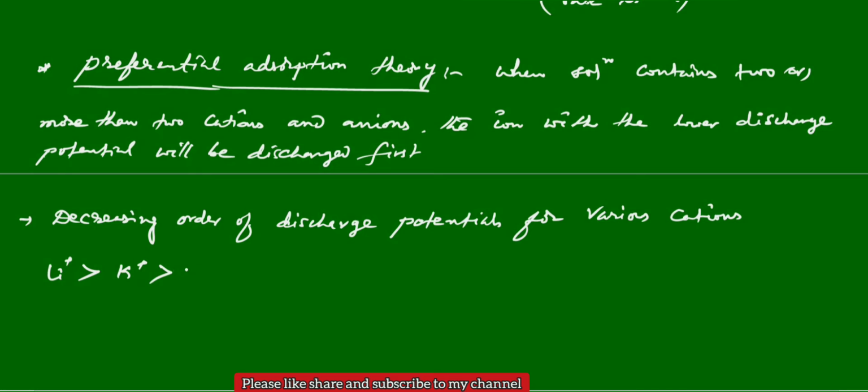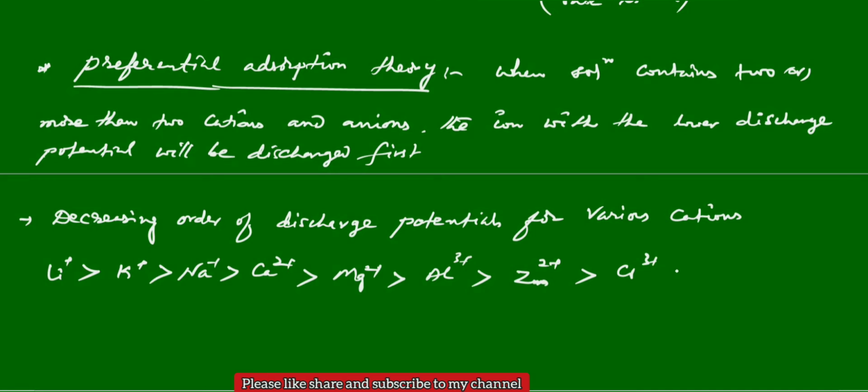Then potassium, sodium, calcium, magnesium, aluminium, zinc, chromium, iron, there is the ferrous ion, next hydrogen, and then after that cupric ions, mercurous, silver, and gold.